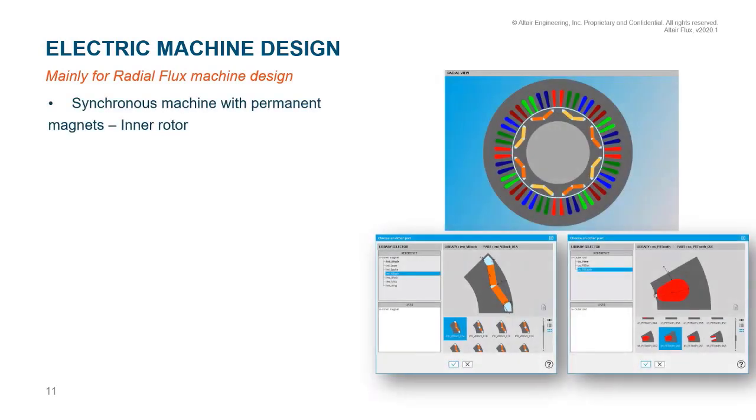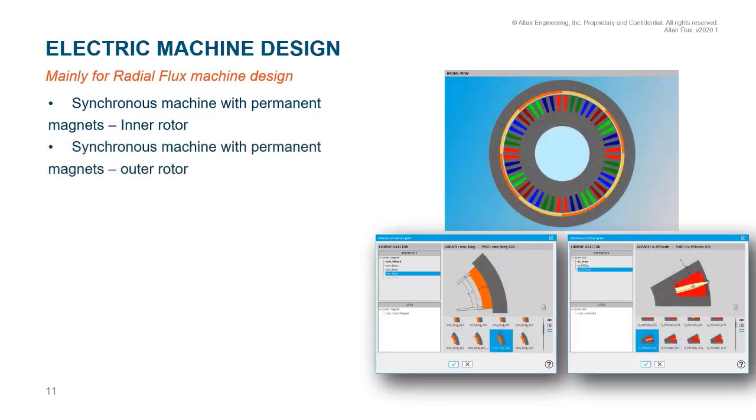FluxMotor is mainly for the design of radial flux machines, which cover more than 90% of the motors in the market today. So it can do synchronous machines with permanent magnets with inner or outer rotor.